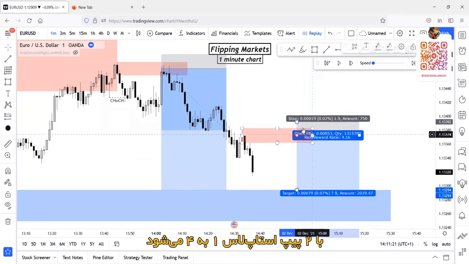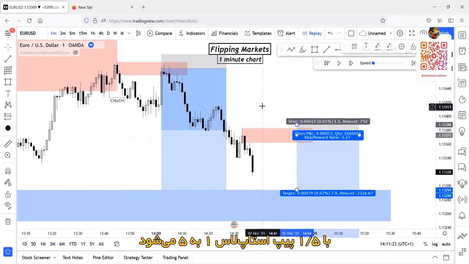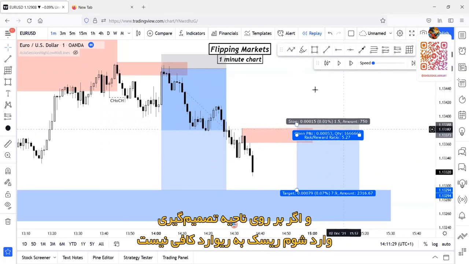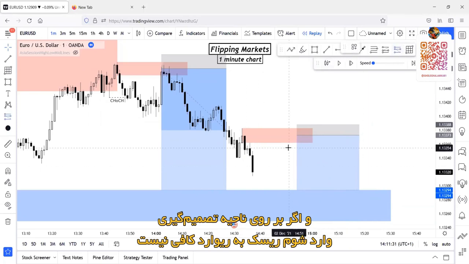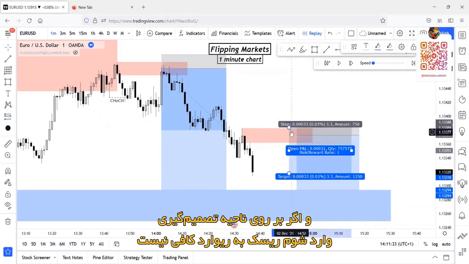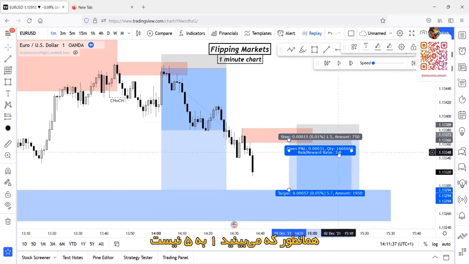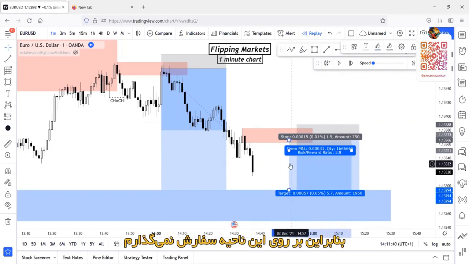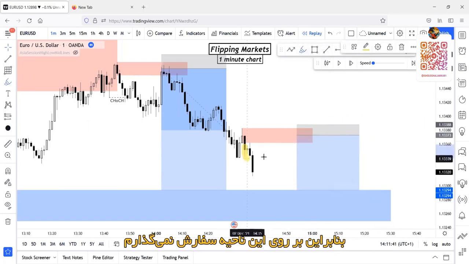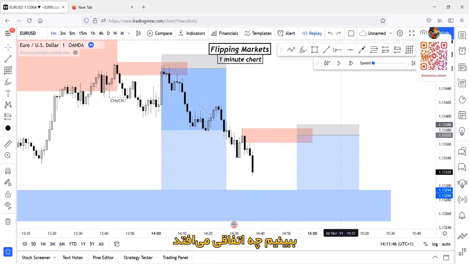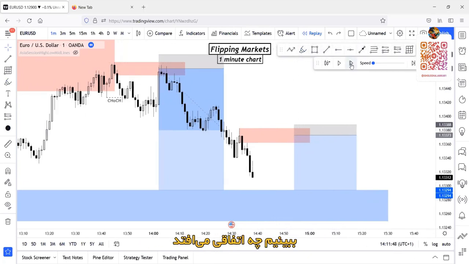My first criterion for entry is that the trade must have 1 to 5 risk reward. And I believe if I set the order on the downer decisional one, it wouldn't be enough. As you can see, it isn't 1 to 5 risk reward. So I wouldn't set an order on this block. I will just set it on the extreme one. Let's see what happens. Play price.